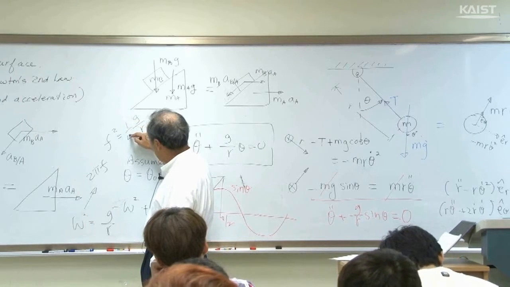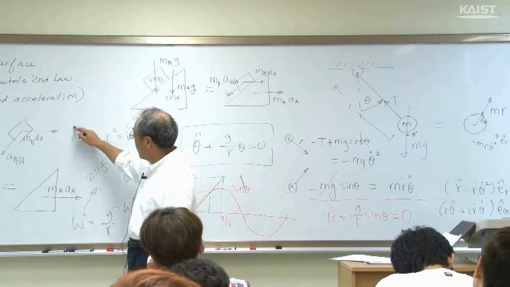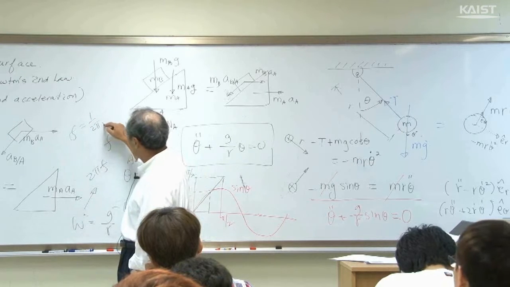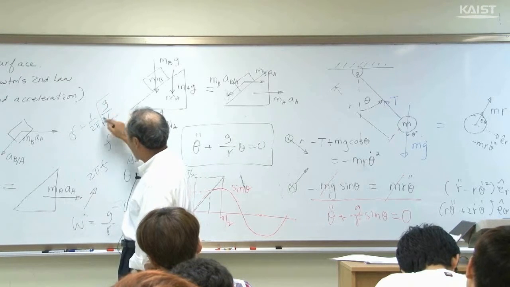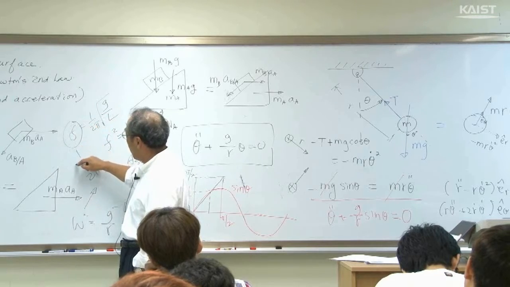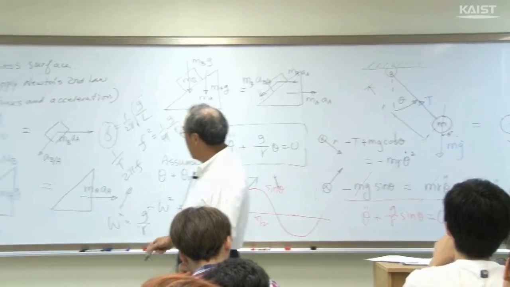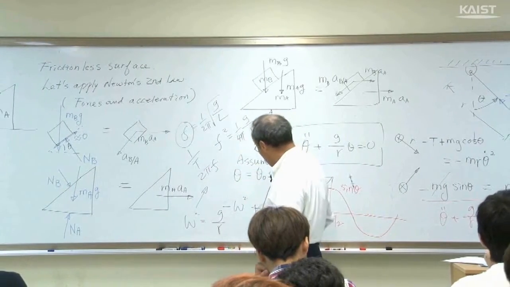Therefore, the frequency is equal to 1 over 2 pi square root g over r, and the frequency is 1 over period, so you can estimate the period. Sorry, this is r.